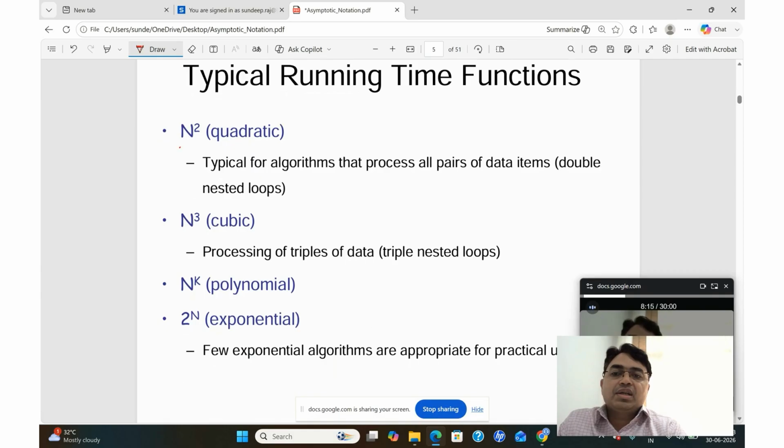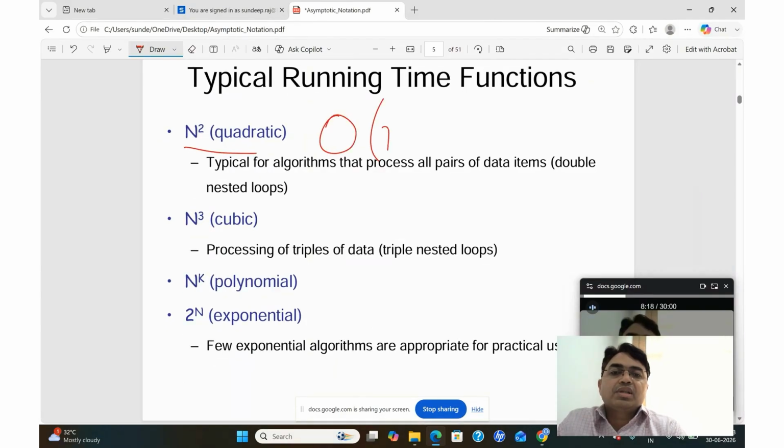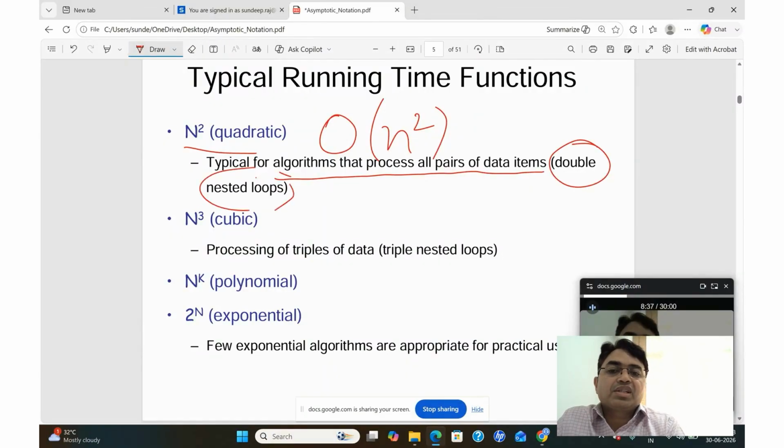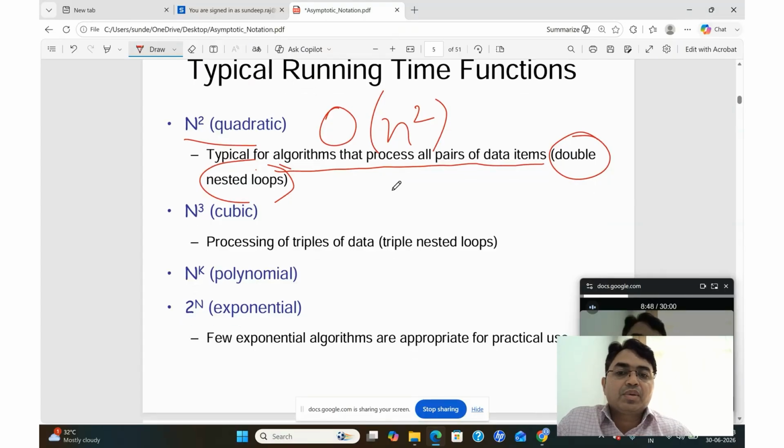Next one is n square. When we see this type of complexity, order of n square means order of n into order of n. If we have all pairs of data processed, double nested loops, means two loops executed one within another, that will give us the order of n square type of complexity.